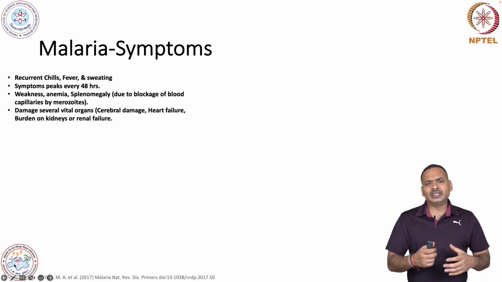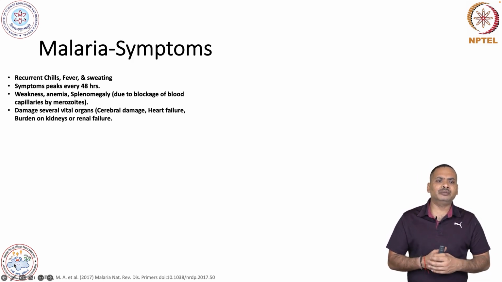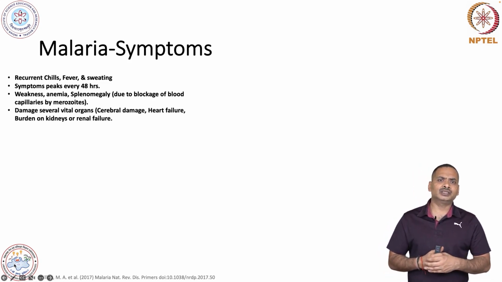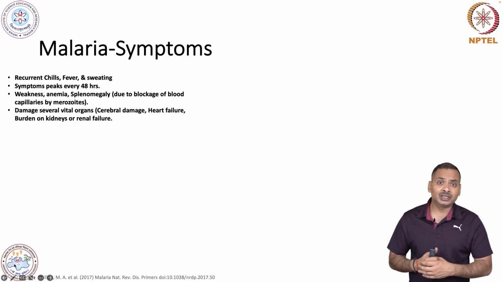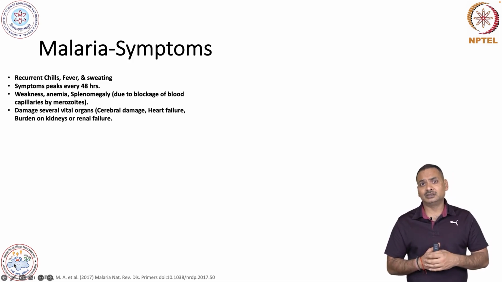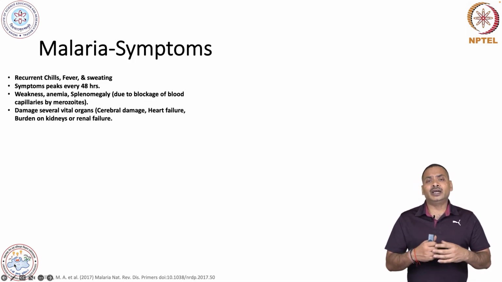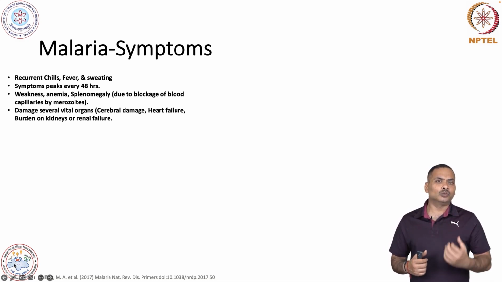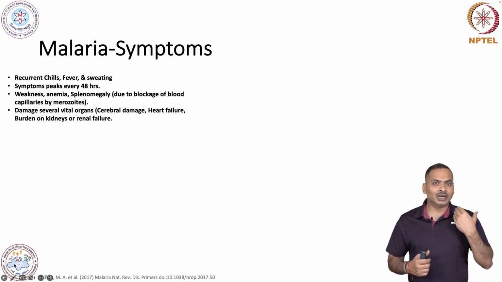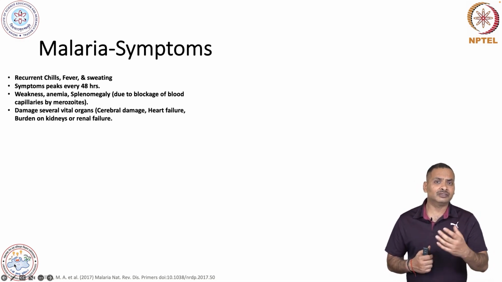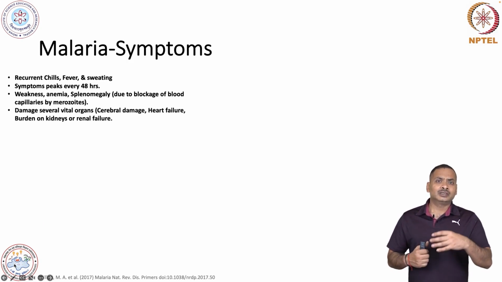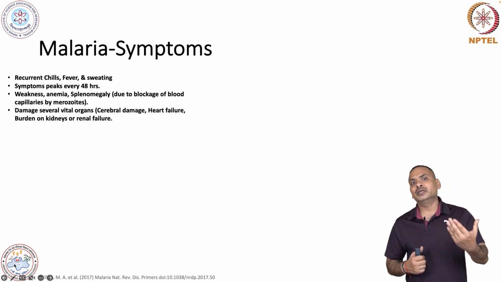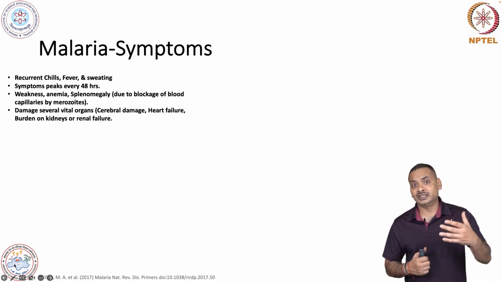So, basically when this is happening, it damages several vital organs. You can understand cerebral damage, there could be damage in the brain. Okay. And this is again because they will block the capillaries. So, whatever arteries are supplying blood will be blocked, right. Since it is blocked and there is no supply of blood, that may cause cerebral damage.